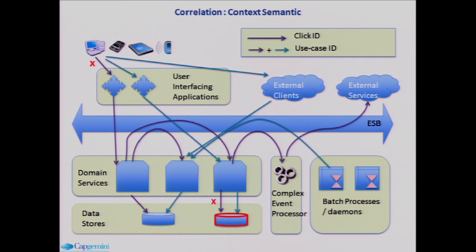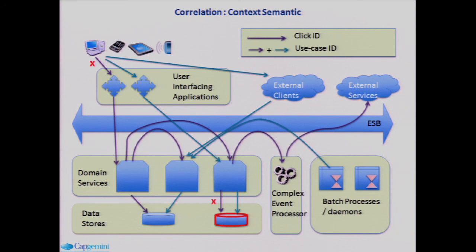You have a number of presentation layer components or systems, a number of applications supporting them, and you may have a sophisticated ESB in the middle. You can have some domain services talking to the data stores, some CEP components, and some batch processes and daemons that run in the background without human intervention. You can also have some sort of package solutions that you interact with. There's a lot of diversity.